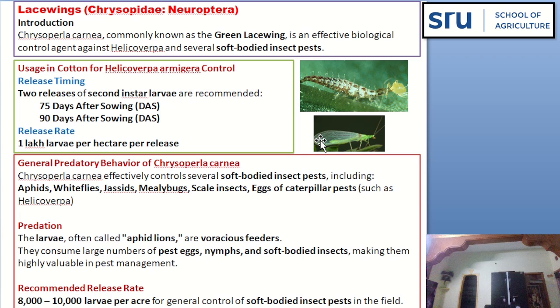Why? Because they feed voraciously on aphids. They consume large numbers of pest eggs, nymphs, and soft-bodied insects, making them highly valuable in pest management. The recommended release rate is 8,000 to 10,000 larvae per acre for general control of soft-bodied insect pests in the field.